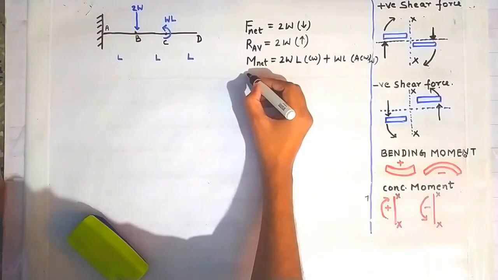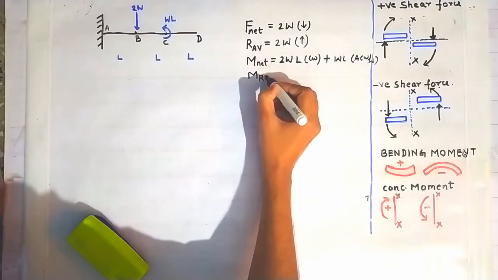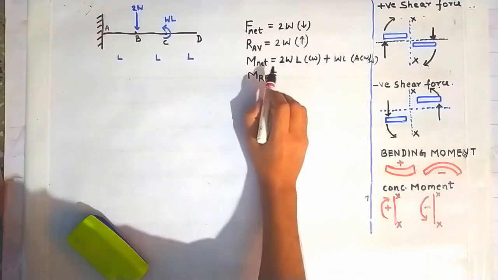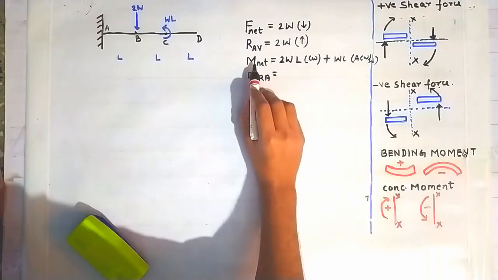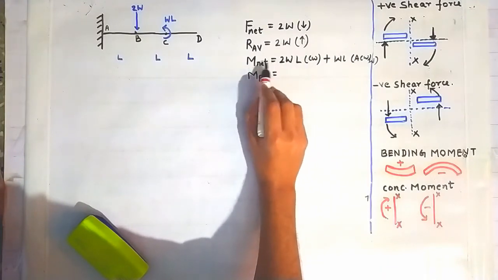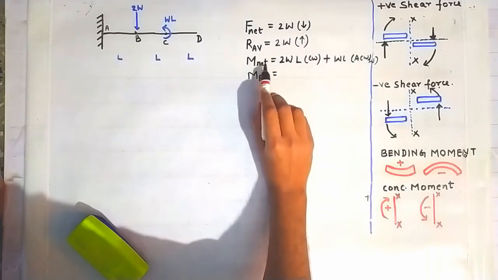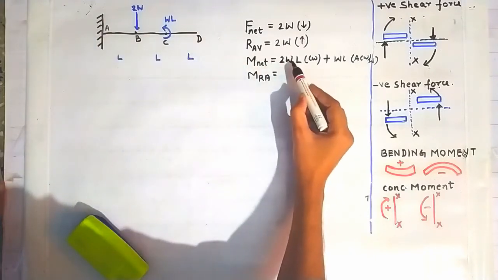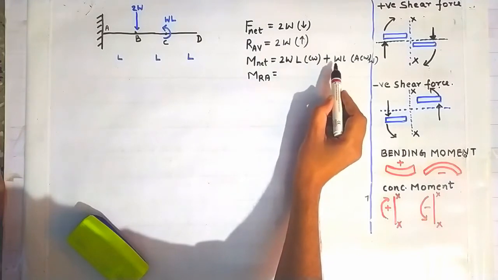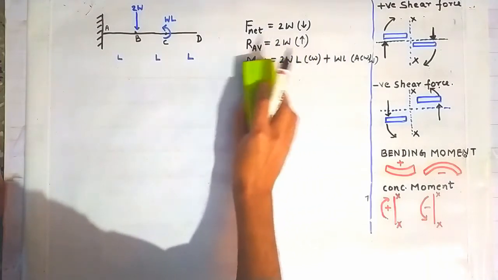Okay, why? Because this is going in anti-clockwise direction with respect to point A. Now the net reaction moment at point A we have to find out. The net moment at this point A is equal to WL in clockwise direction. Why?